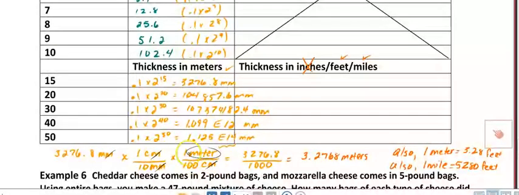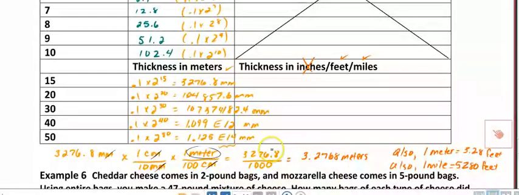That will allow me to cancel out centimeters, and I'm left with my answer in meters. So all my units cancel except meters. In essence, the way this sets up is I end up dividing 3276.8 by 1,000, and that will give me my value in meters.